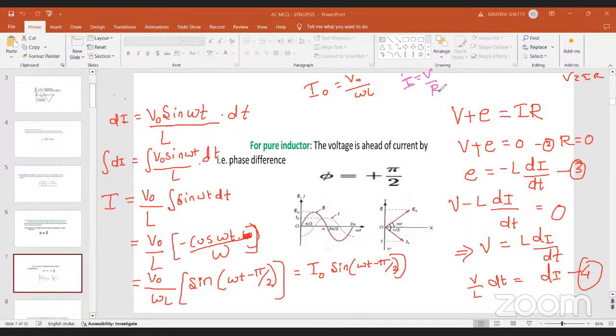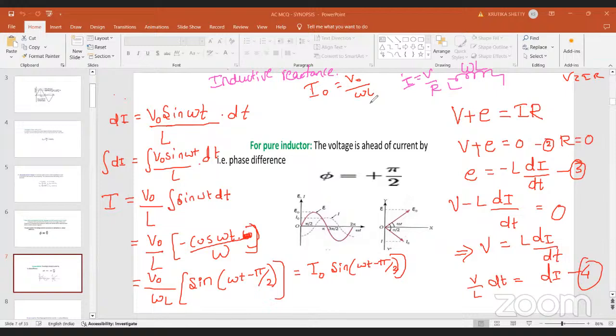But here, instead of resistance, we have no resistor in the circuit, we have only the inductor. The opposition offered by the inductor for the flow of the current in the circuit is taken as omega into L. This omega L is called inductive reactance. Inductive reactance is a resistance only which opposes the flow of the current in the given circuit when the inductor is there.